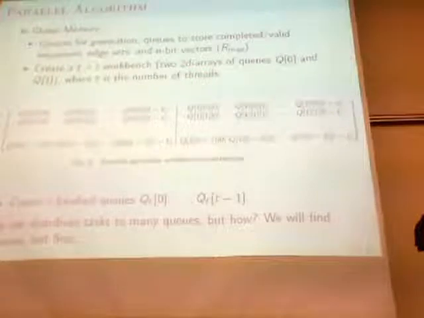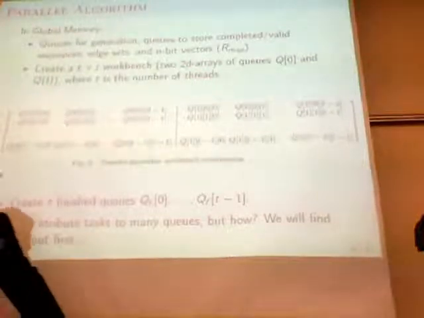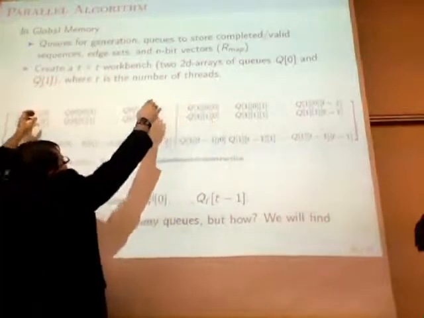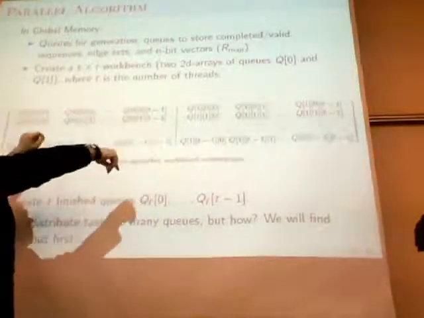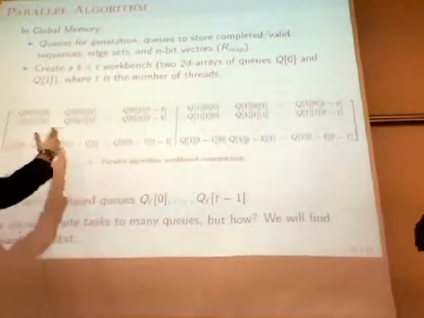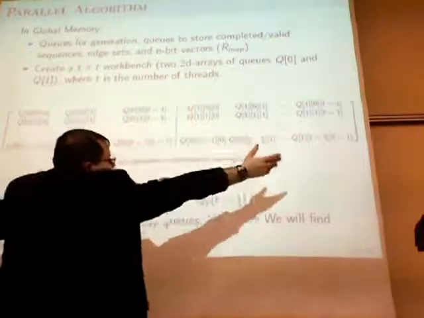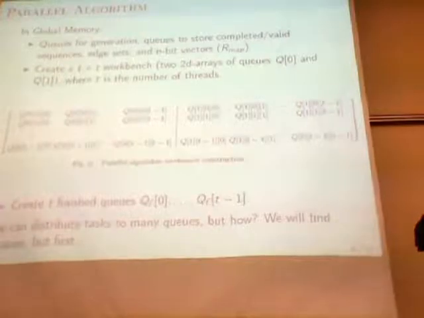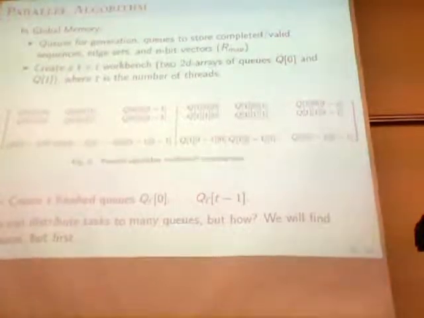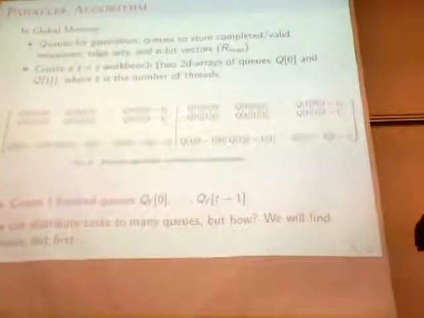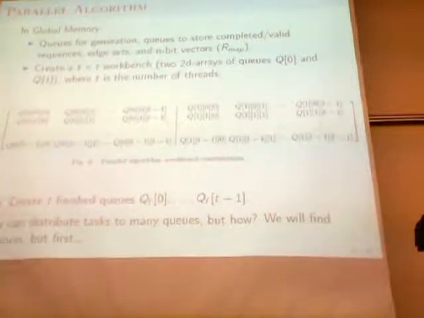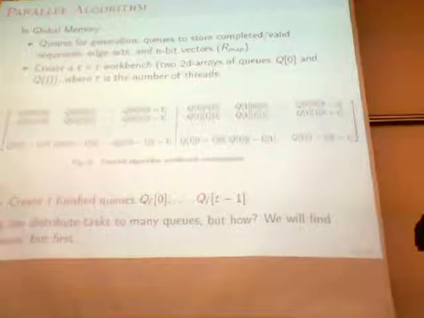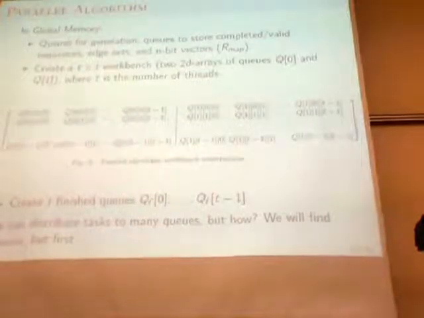All I've done is take my workbench, and now instead of having just 1 by 1 in my workbench, I have T by T here, T by T there, where T is the number of threads. Instead of 1 by 1s on each one, I've extended each to be a matrix, so now I have 2D arrays embedded inside, and each one of these is a queue.